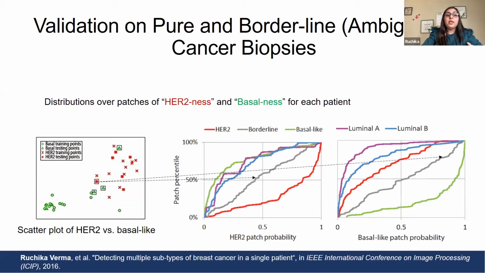But when we looked at the borderline patient, which we identified using molecular data, we saw that it didn't show inclination towards HER2 or basal, because almost 50% of the patches showed higher probability towards HER2 and 50% of the patches showed higher probability towards basal. So there was a possibility of coexistence of molecular subtypes in these patients.